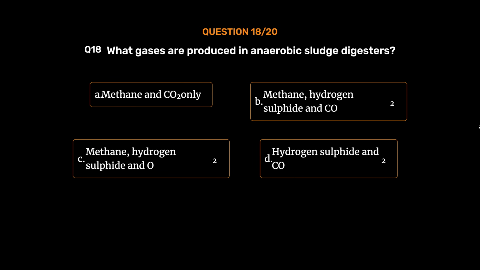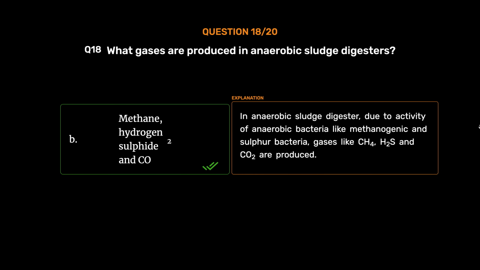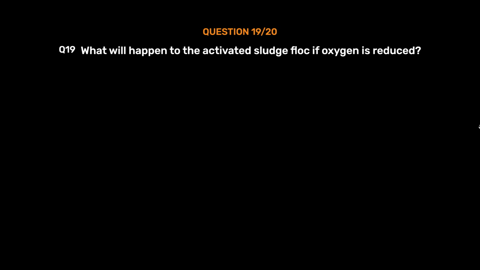The correct answer is option B, methane, hydrogen sulfide and CO2. In anaerobic sludge digester, due to activity of anaerobic bacteria like methanogenic and sulfur bacteria, gases like CH4, H2S and CO2 are produced.